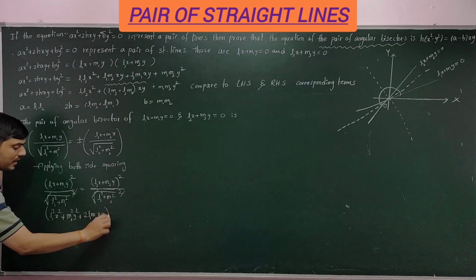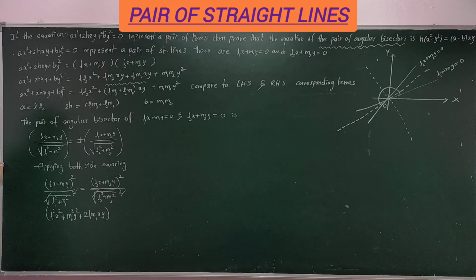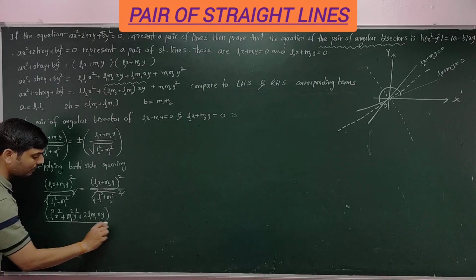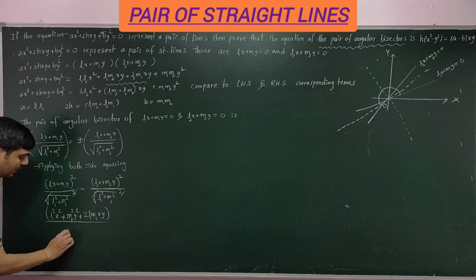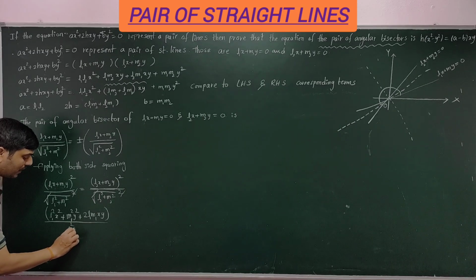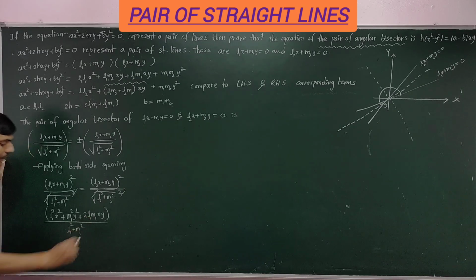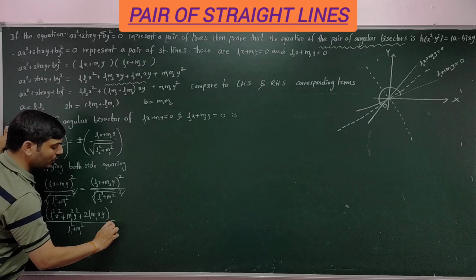This is taking one bracket, whole by the denominator L1 square plus m1 square, is equal to.